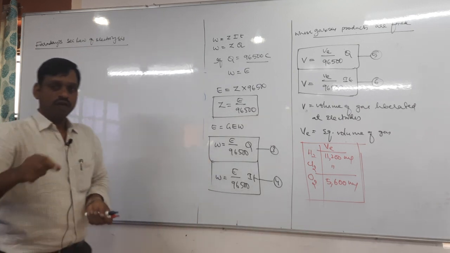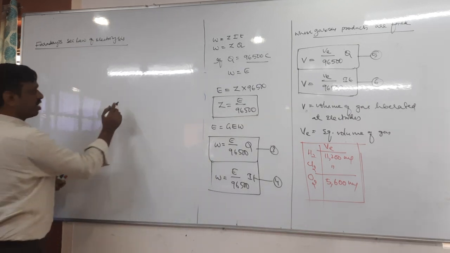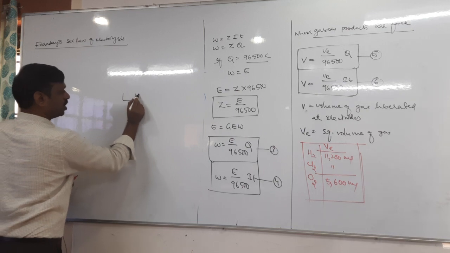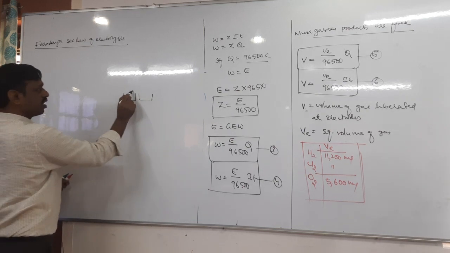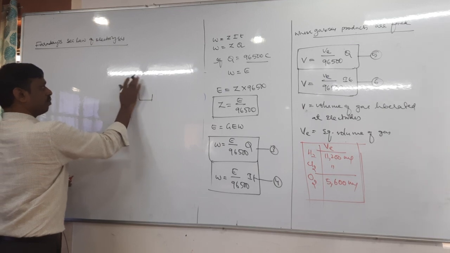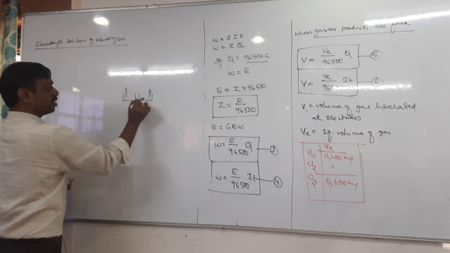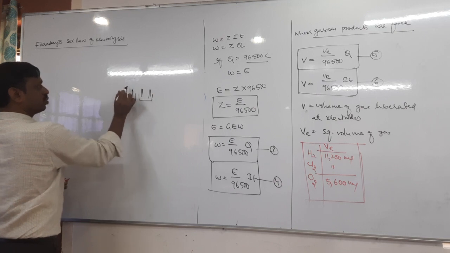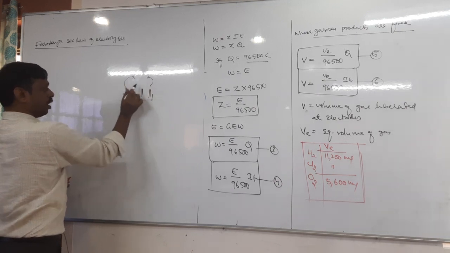It means when the same quantity of electric current, for example, let us take two electrolytes like this, connected in series. Now the same quantity of electric current is passing through these two electrolytic solutions.